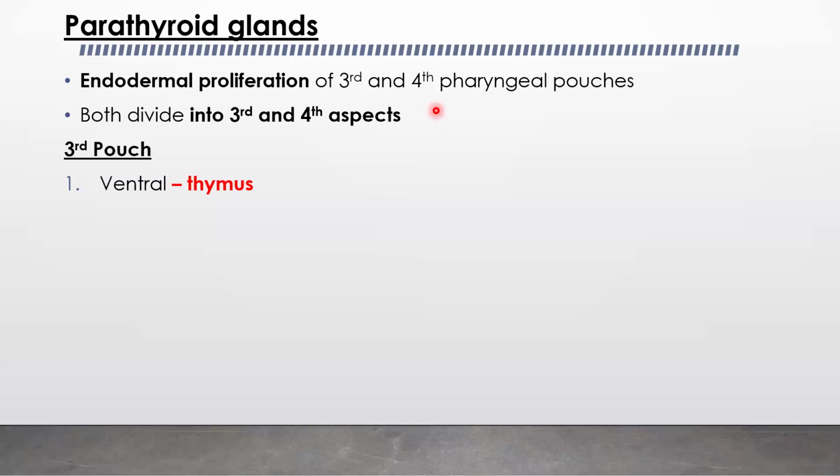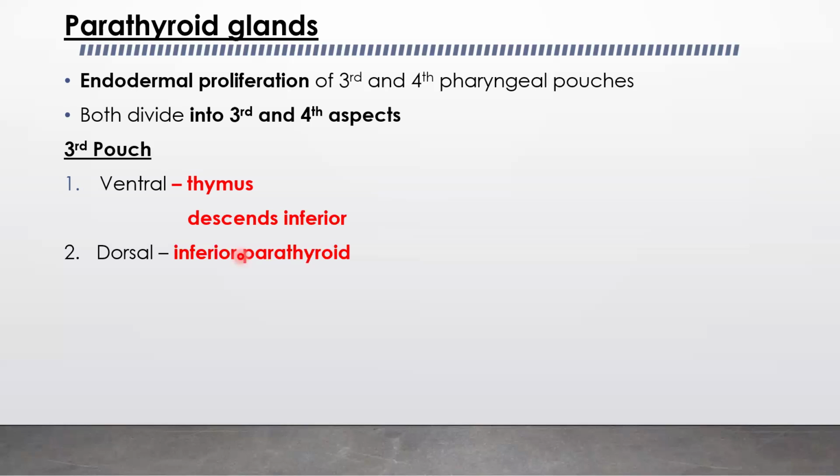For the third pouch, the ventral part will form the thymus, which descends inferiorly, and the dorsal aspect will form the inferior parathyroid. So when the thymus is descending inferiorly into the mediastinum, it will migrate together with the inferior parathyroid gland. And that's the reason why the inferior parathyroid gland is found below the superior parathyroid gland, despite coming from the third pouch.